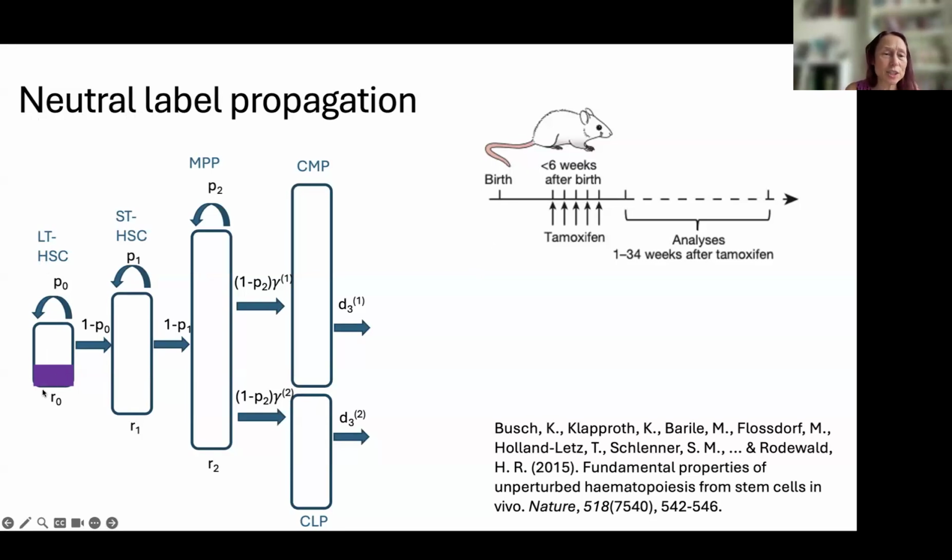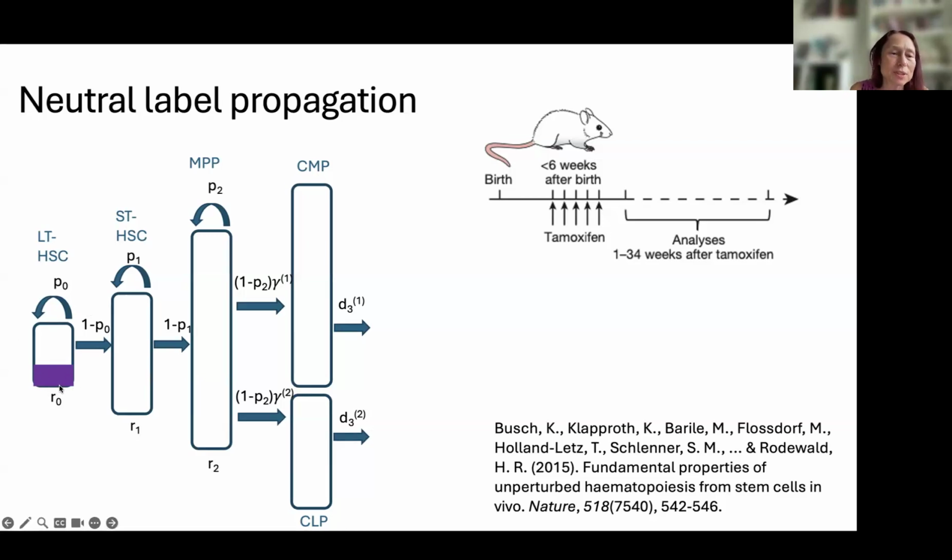It means that a fraction of these cells were marked, but otherwise they had completely the same properties as the unmarked cells. So neutral means that they don't differ from the other cells by their division and death rates or renewal rate. All the kinetic parameters are the same. They're just there and they're colored and we can track them.